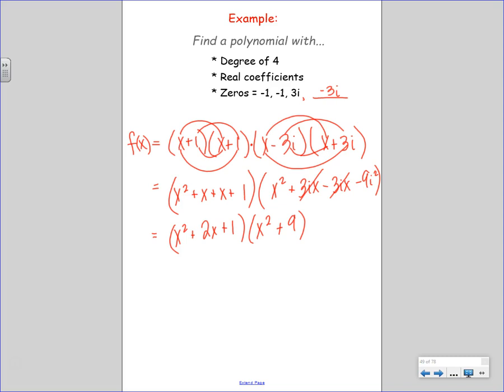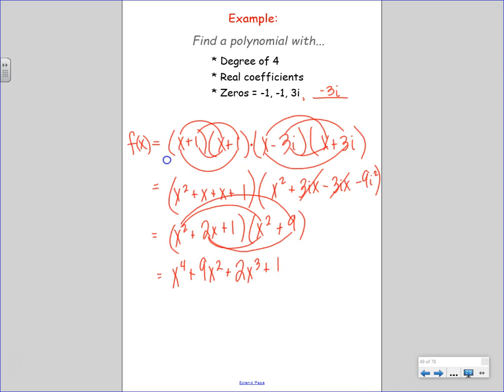You distribute. So we're going to take this x squared and distribute it into both the others. So what's x squared times x squared? And what's x squared times 9? Okay, so far I've taken the x squared to both terms in the other. Now it's time for the 2x. So then 2x times x squared is going to be?